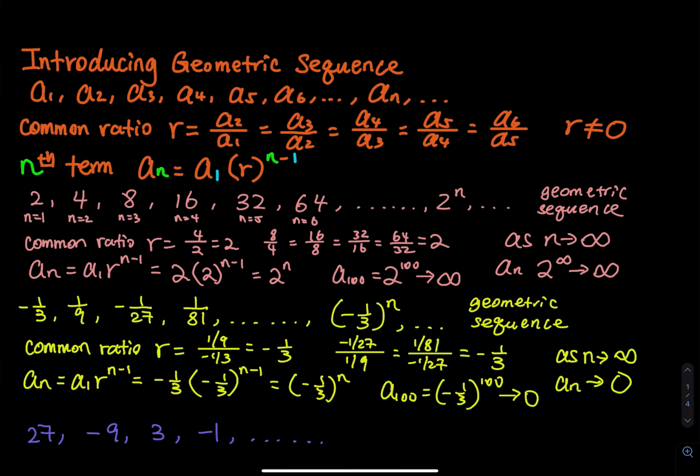Why do we need to know this? Because later on when you study geometric series, you are adding every single term up, right? But when n gets very large, the terms all the way on the right hand side are just a bunch of 0. So the sum is really determined by the first couple terms, because when you raise to a large power, you get a bunch of 0.